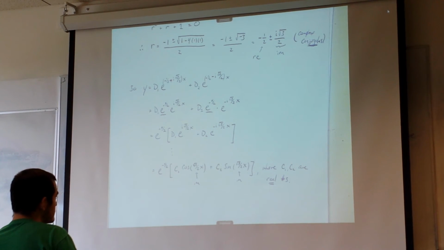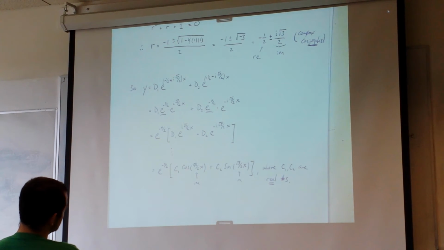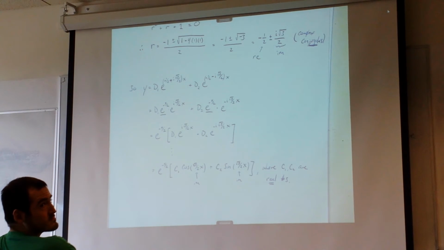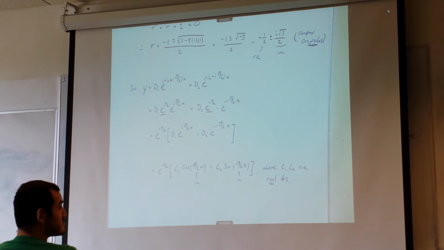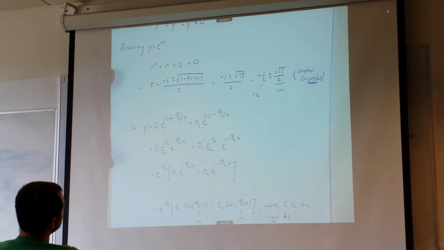Yeah. So you could take this, I guess, the other direction. You could say anything that you see of the form sine or cosine is an imaginary solution. So anytime you use sine and cosine to get this as the solution, you can take that in reverse. Well, no, this is a real function.